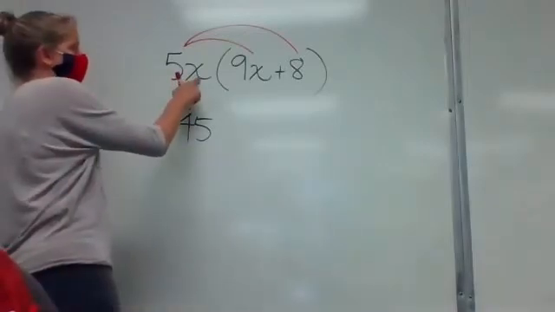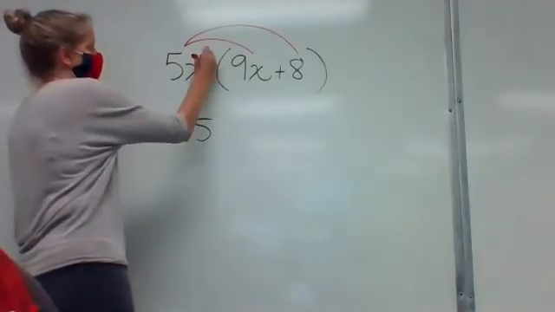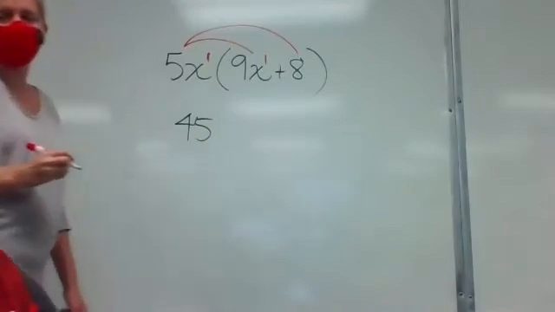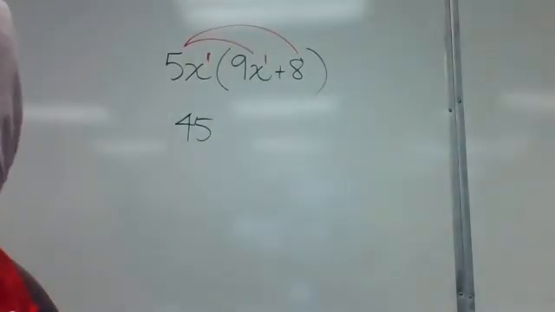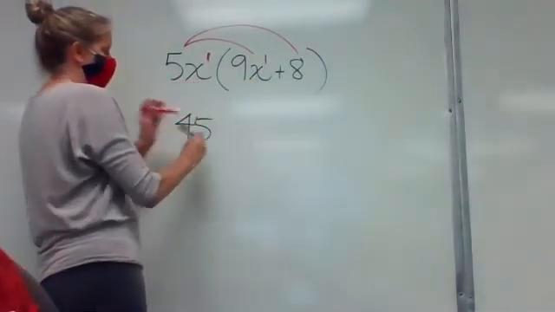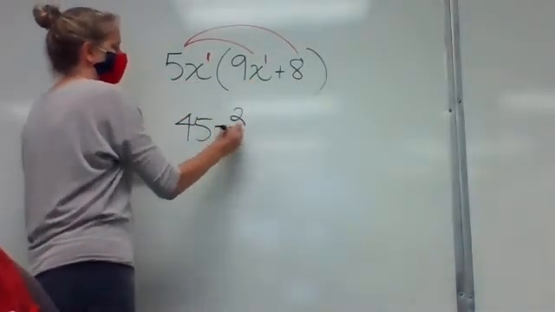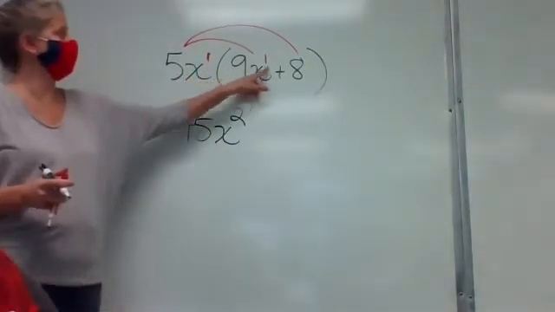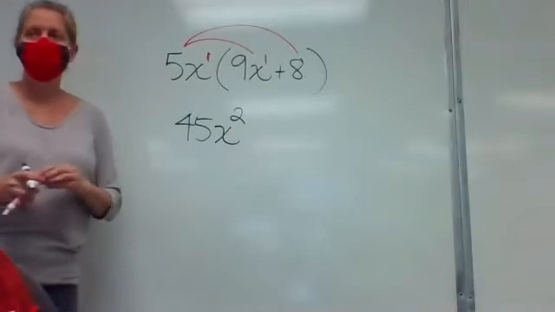What exponent does this x have since I don't see it? Not 0, 1. Yeah. X means x to the first power. So when I multiply x times x, what does that give me? X squared, because you add those exponents together. 1 and 1 gives you that 2.